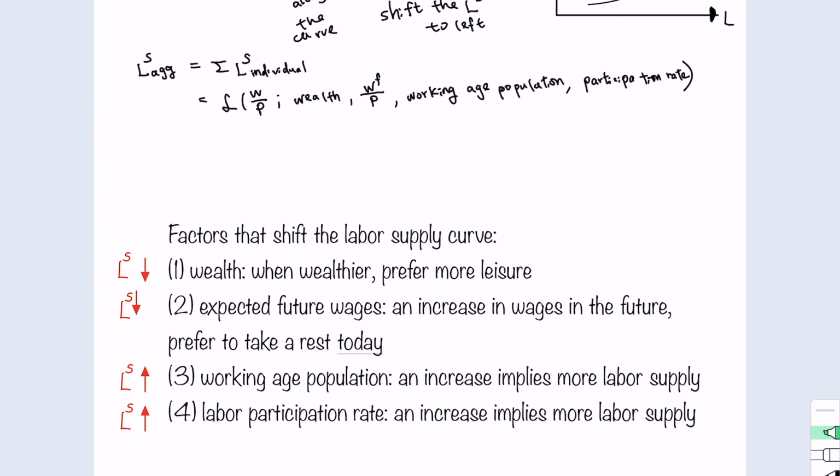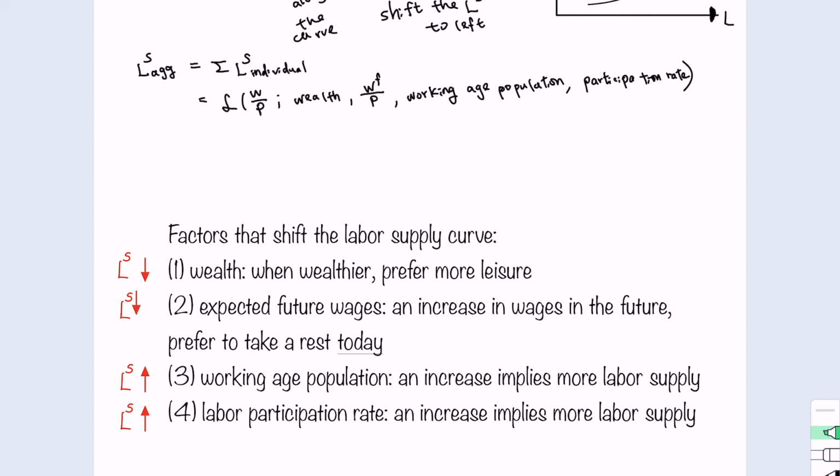But for all the other factors that change, for example, the wealth, the expected future wages, the working age population, or the labor participation rate, all of them are about given the same wage level, some other factor changes such that the quantity of labor supply needs to change.